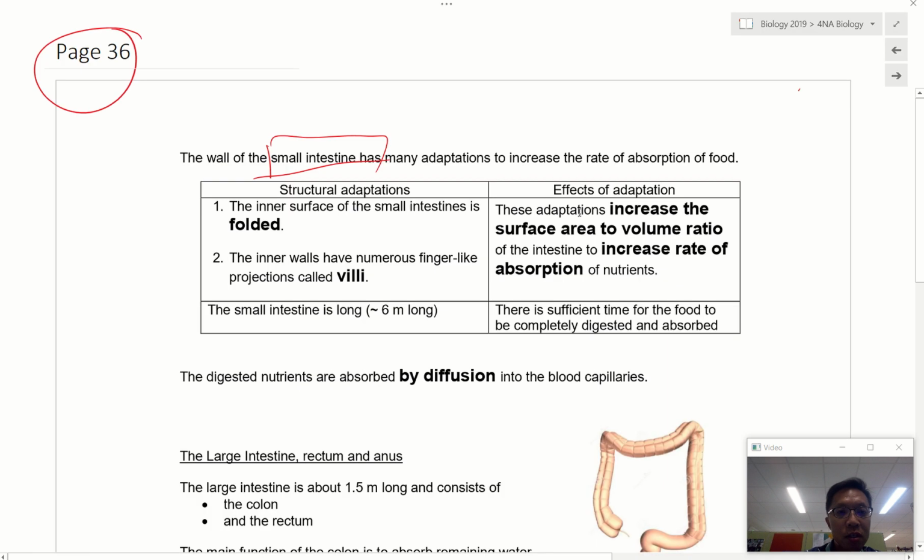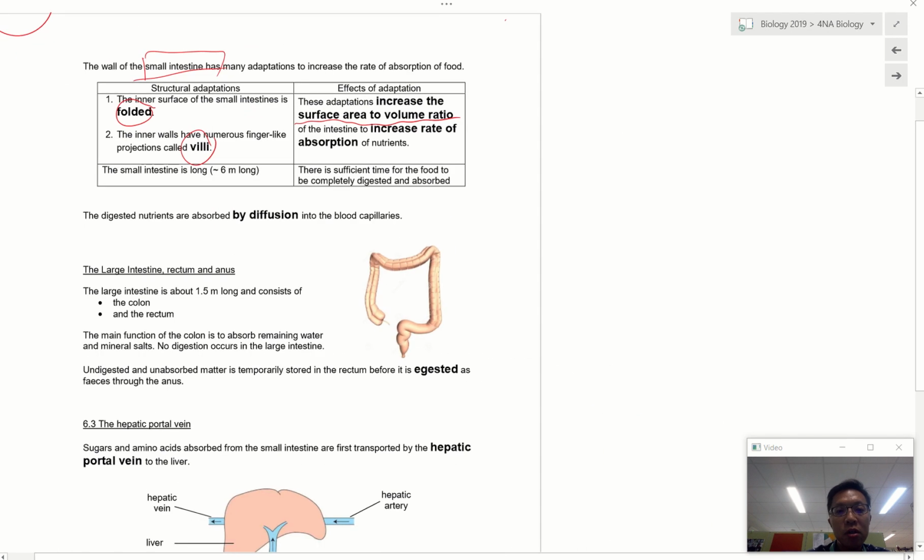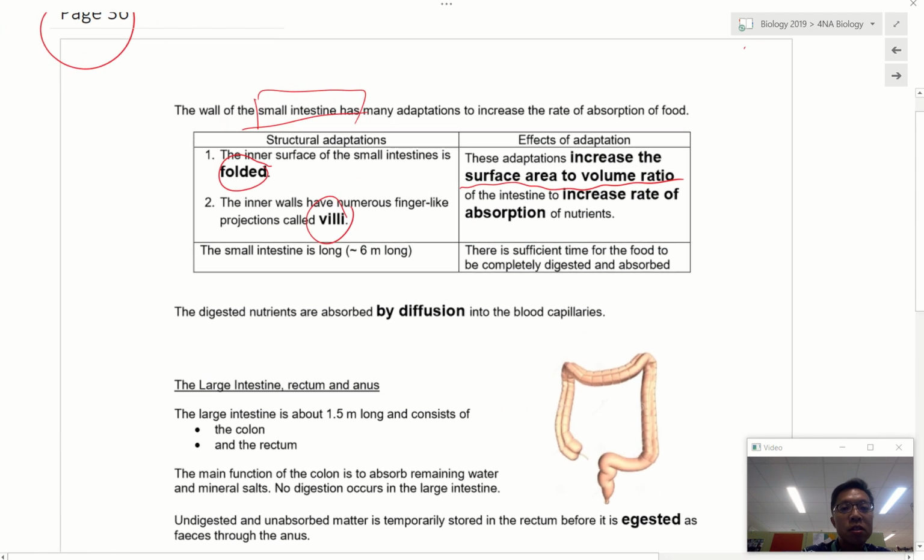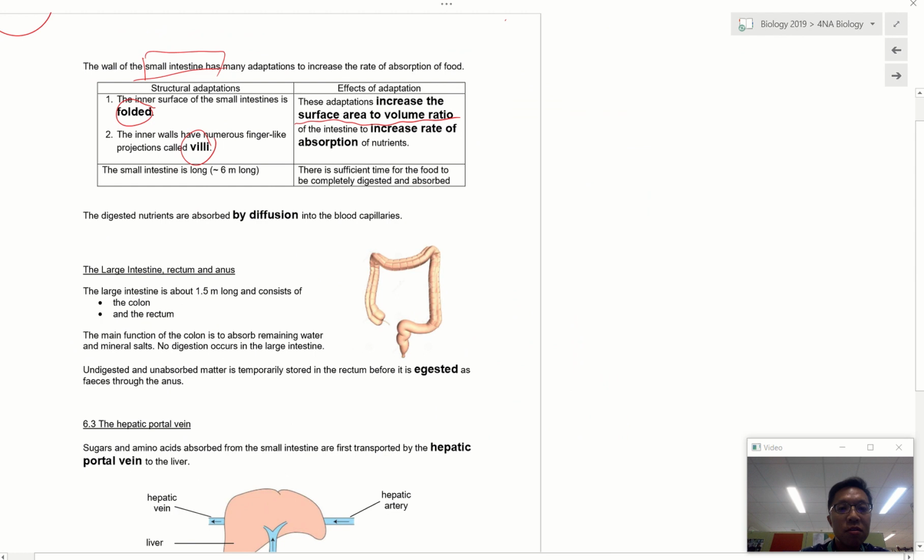The main job of the villi is like the root hair cell, the root hair that's protruding out. So this increases the surface area to volume ratio, and hence our absorption can be much faster.